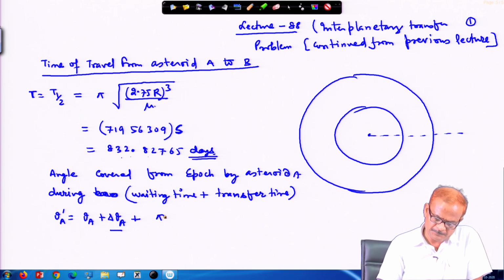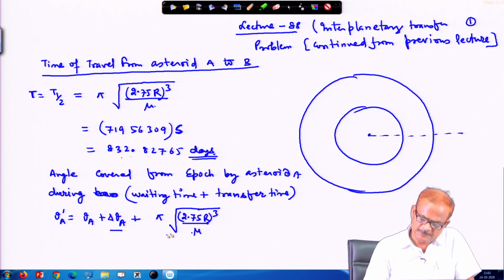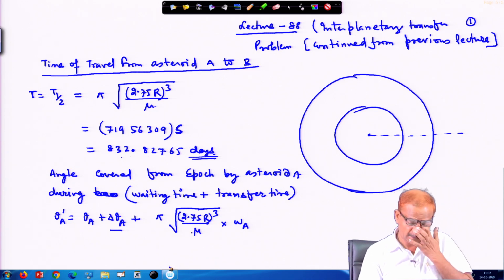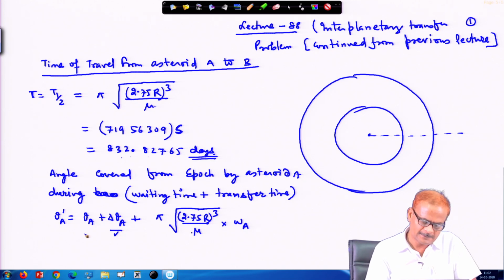Okay. So, this is pi times 2.75 r whole cube divided by mu. This is the time. So, multiplied by omega A. So, omega is known to us, all other quantities are known to us. Delta theta A already we have determined.